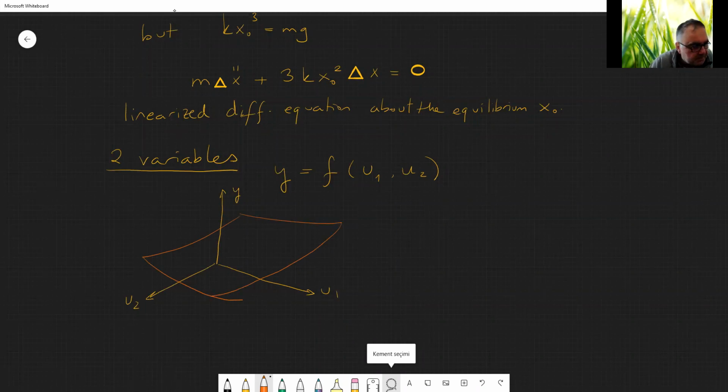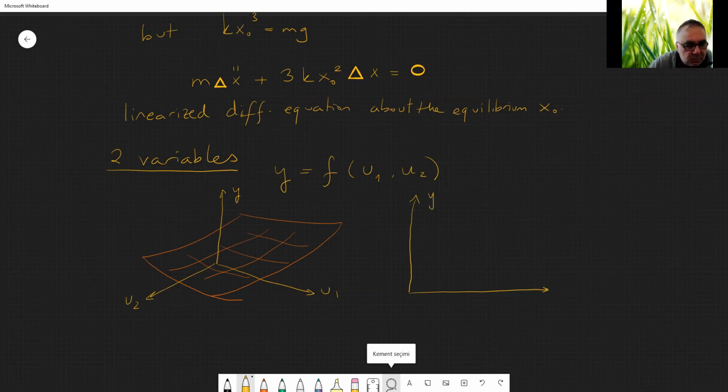These are constant lines. This is a function of two variables, y of u1 and u2, or you might show this function like this, if you like. This is also possible.